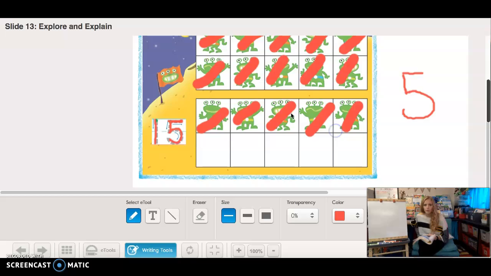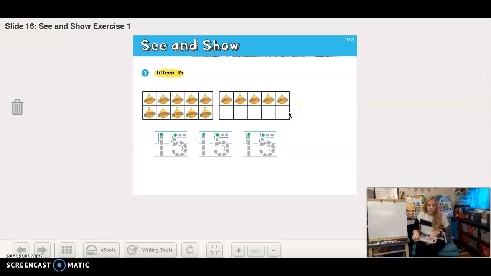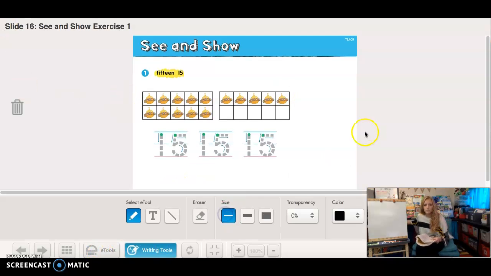All right, you can turn your page, and we've got some spaceships, it looks like. So let's count how many spaceships we have and say how many, then we're going to trace that number. Let's cross out again while we count.